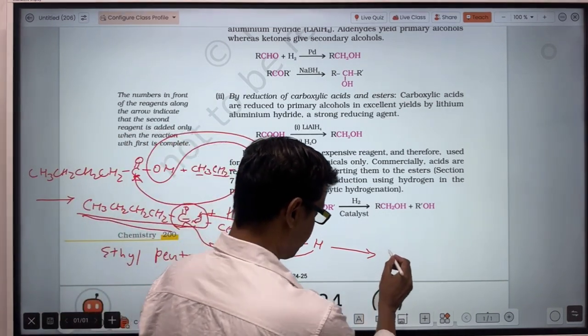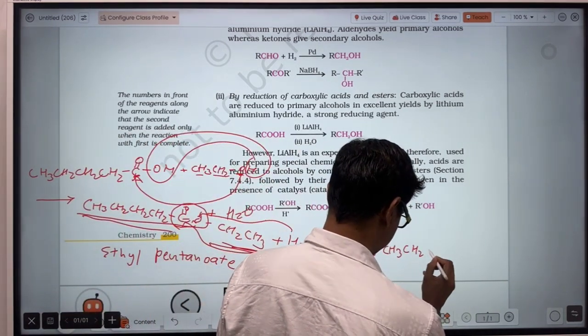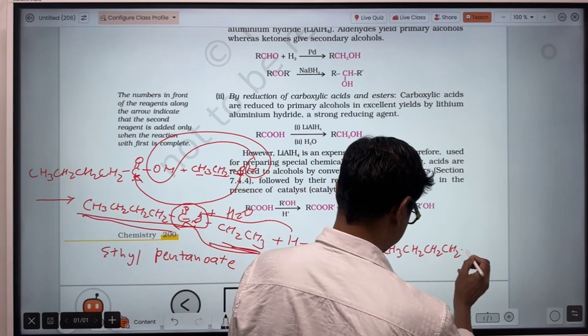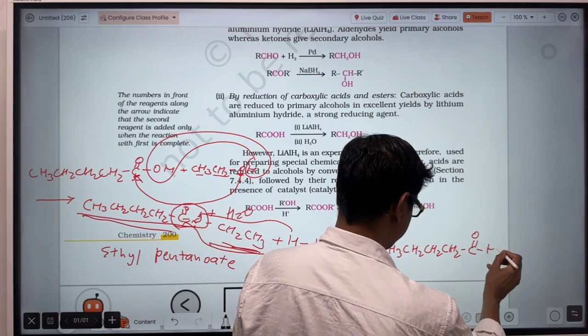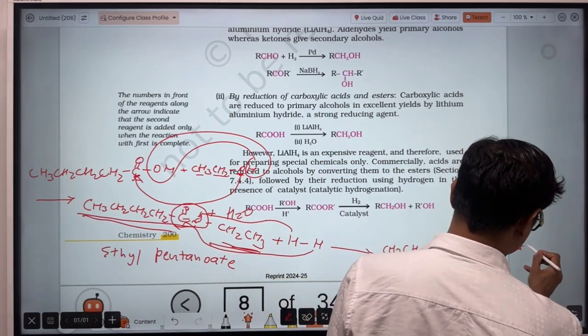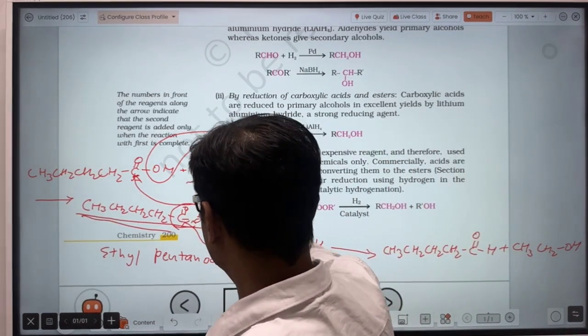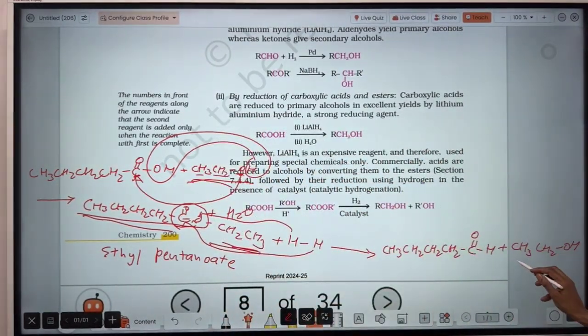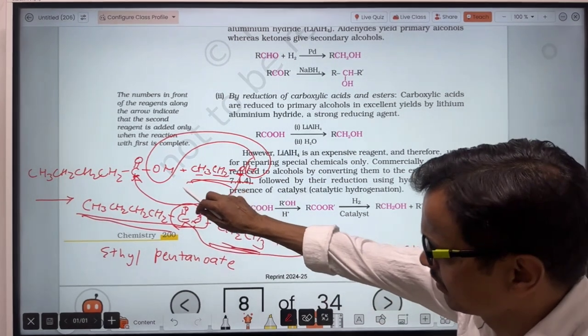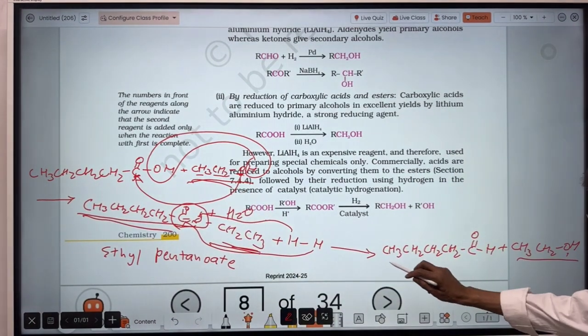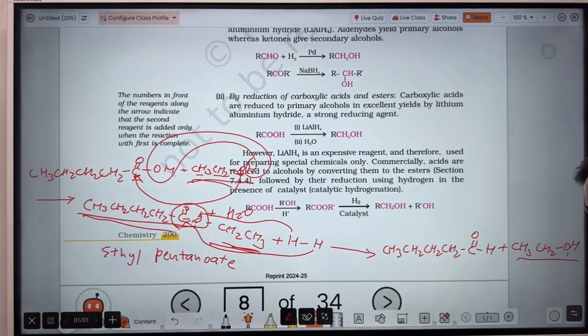So the compound becomes pentanol firstly. Pentanol forms, and the ethanol which you have taken will regenerate. This ethanol will regenerate, but the pentanoic acid has been converted into pentanol.